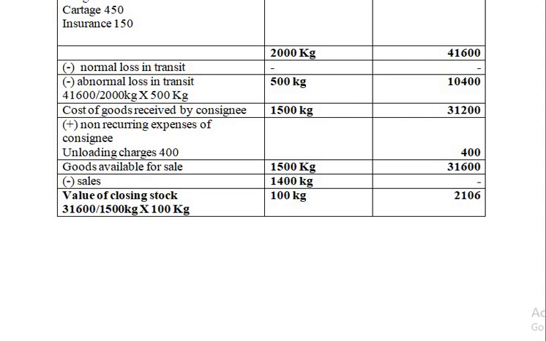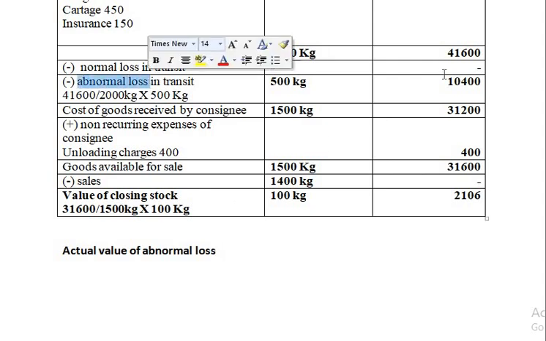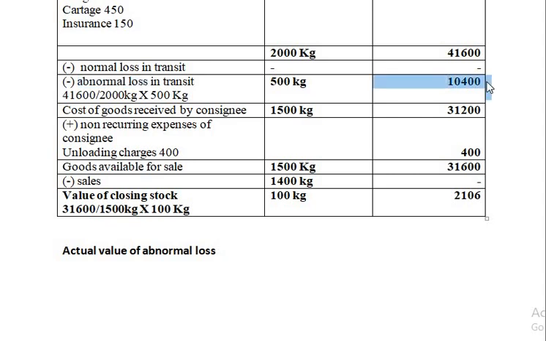Here you can also calculate the actual value of abnormal loss. The abnormal loss is rupees 10,400.